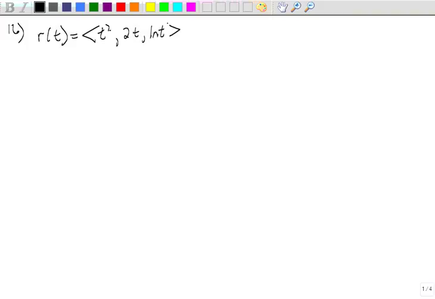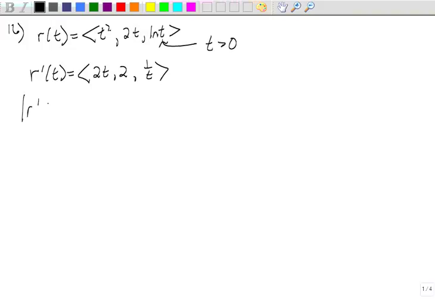I want to find unit tangent and unit normal vectors. So r prime is 2t, 2, and 1 over t. Notice here that t has to be greater than 0 in order to take the natural log.